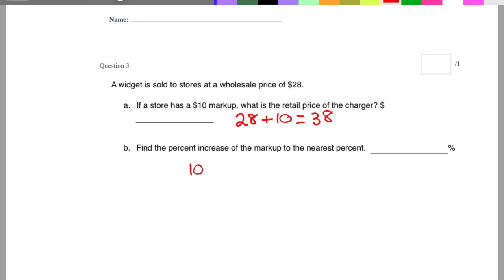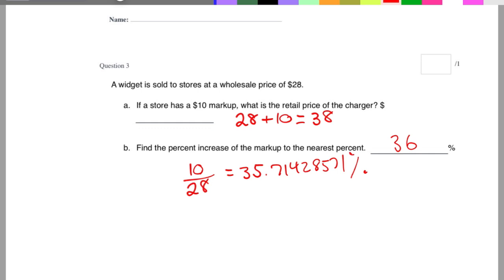And we're going to divide that by the original price that we got it for, which is that wholesale price, which is 28. So 10 divided by 28 times 2. Oh, wait, not times 2, times 100. You end up with 35.71428571%, aka 36%.